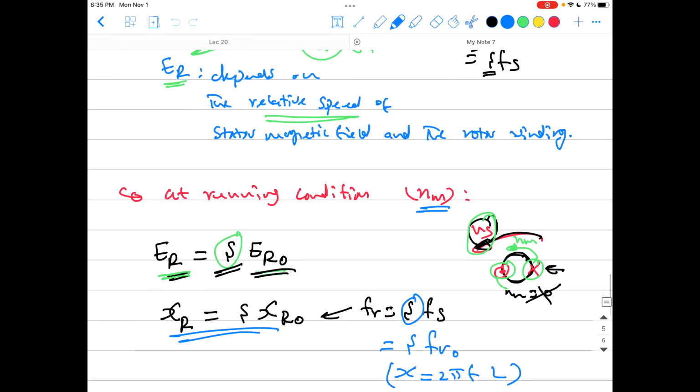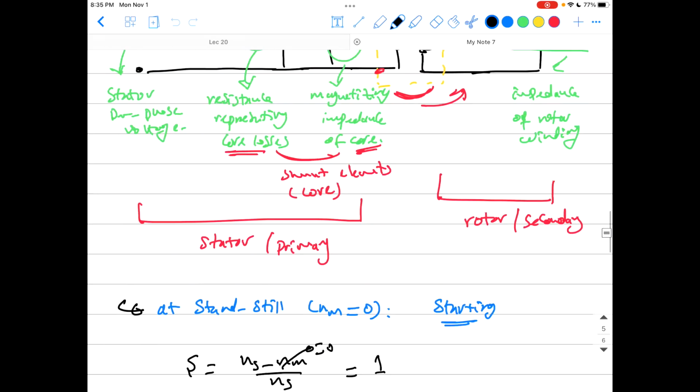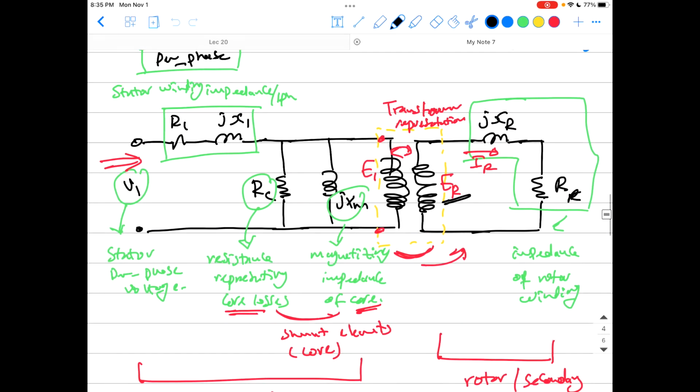Sounds good. So keep those in mind, and let's go back here to see how to quantify the rotor current. That is the rotor current, IR, equals this voltage ER divided by the impedance of the rotor, which is RR plus jXR, just like any other current in any circuit.